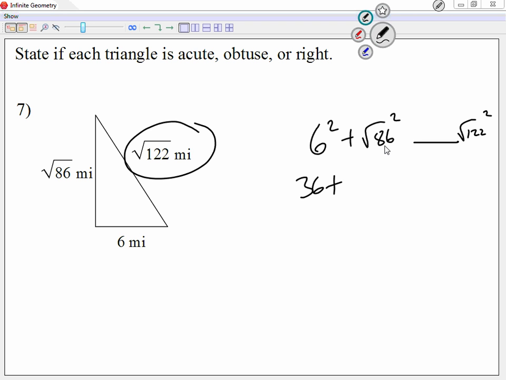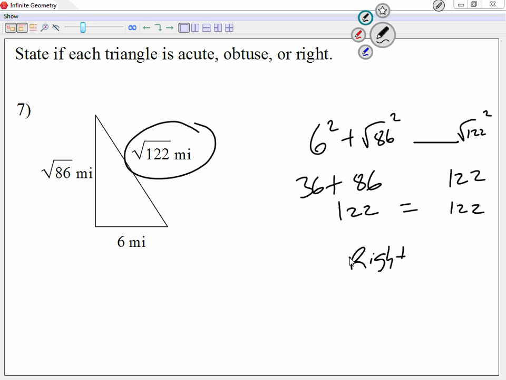How much is radical 86 all squared? 86. How much is radical 122 all squared? To make sure that I did pick the biggest side to be c, that should be the biggest number, right? C squared should be the biggest. On the left side, how much is 36 plus 86? 122. The other side is 122. We get another right triangle. Some of them are acute or obtuse.